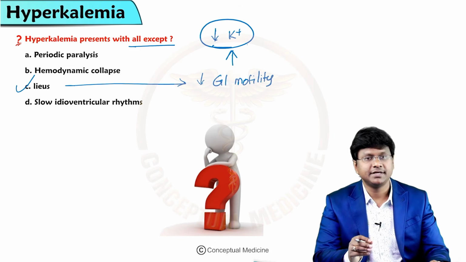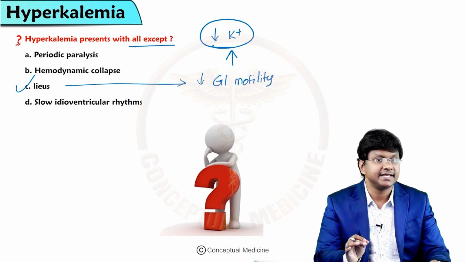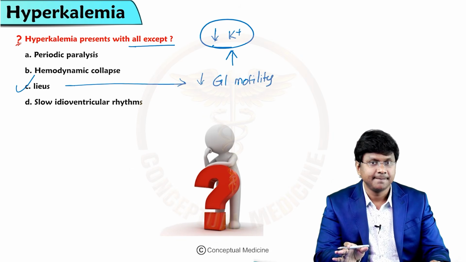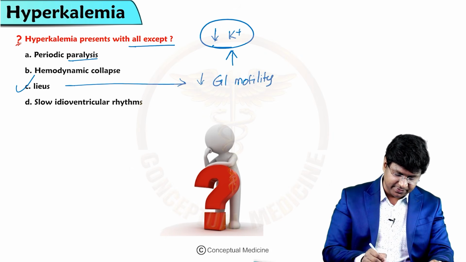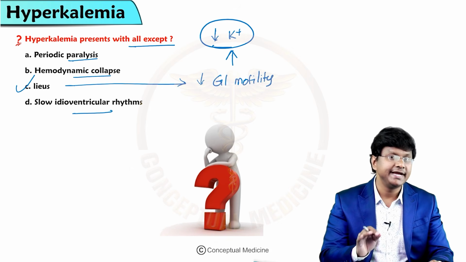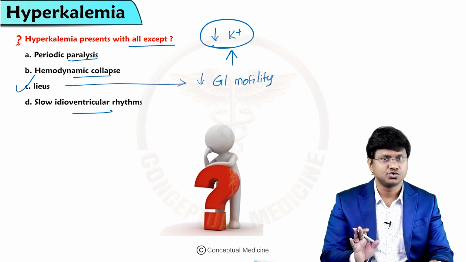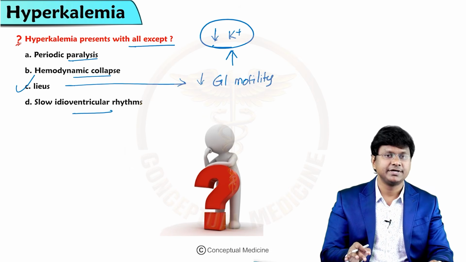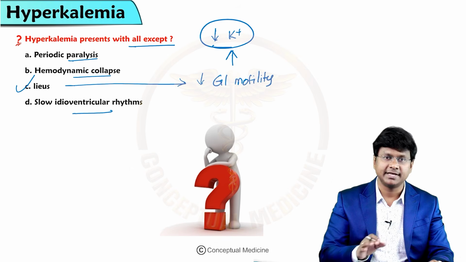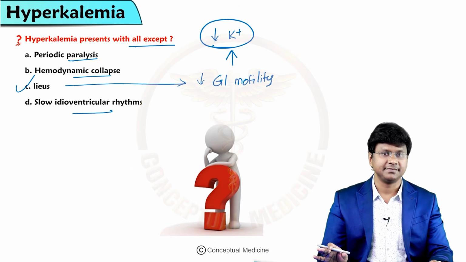So hypokalemia will cause decrease in gastrointestinal motility, right? And in hyperkalemia, periodic paralysis will be there, hemodynamic collapse will be there, and slow idioventricular rhythm can also be there. But decreased gastrointestinal motility is a feature of hypokalemia but not hyperkalemia.